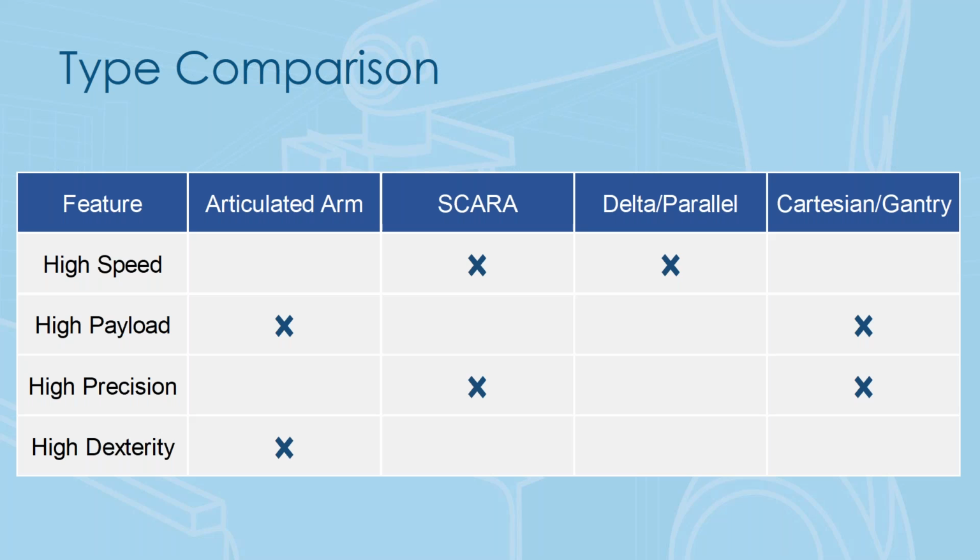And again, with the articulated arm you could make a case for some of the others, depending on the application, still kind of checking that high speed and high precision box, but that's really where things shake out here, just to give you a general idea of the best suited applications.